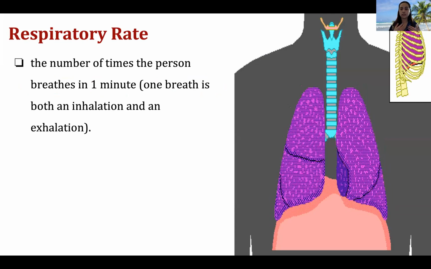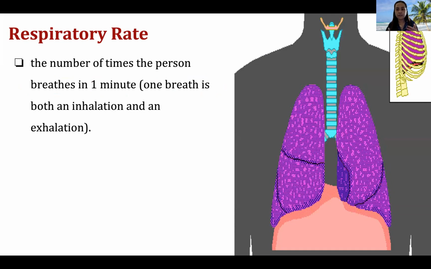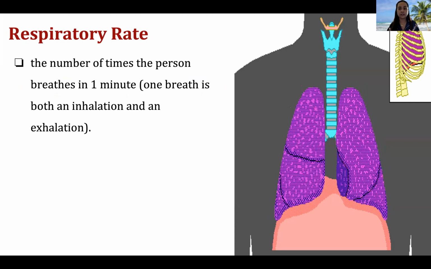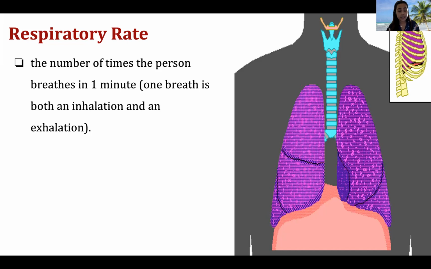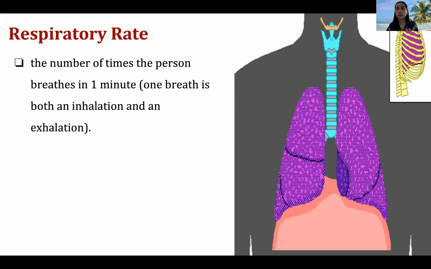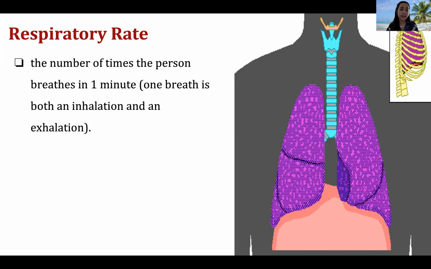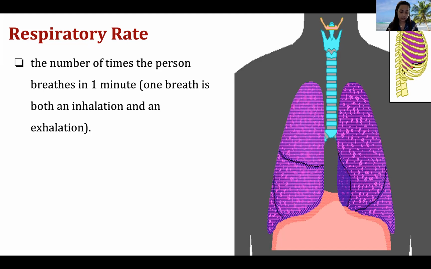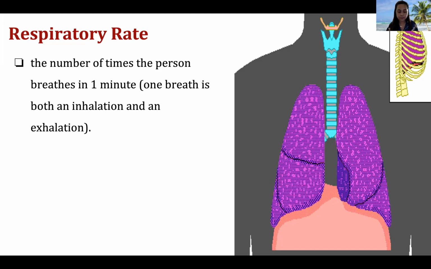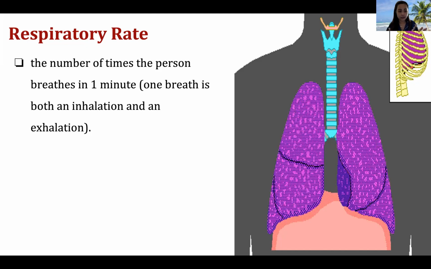You just observe the rise and fall of the chest, without telling the patient that you are observing his or her breathing. Because if you told the patient, he will be conscious and the result will be inaccurate.